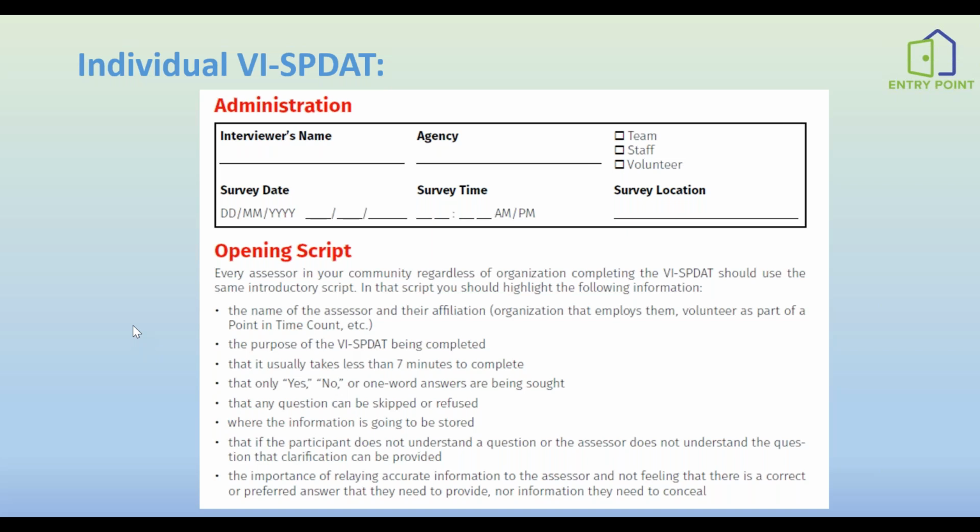If it seems like the participant doesn't understand a question, or it seems like they're answering a different question, we can repeat the question if needed. Now, this VI-SPDAT and all the VI-SPDATs are based on extensive research and development. So every word in every question in here is designed on purpose.